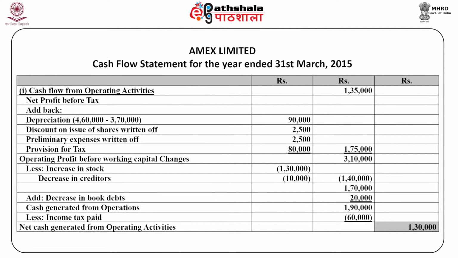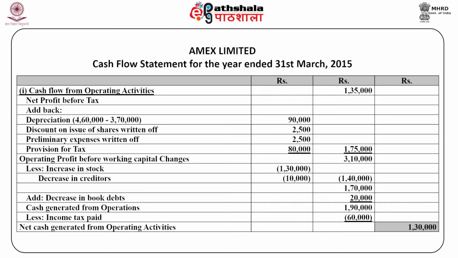Now let's look at the solution. MX Limited cash flow statement for the year ended 31st March 2015. Cash flow from operating activities. In the middle column, you see the number 1 lakh 35,000, net profit before tax.